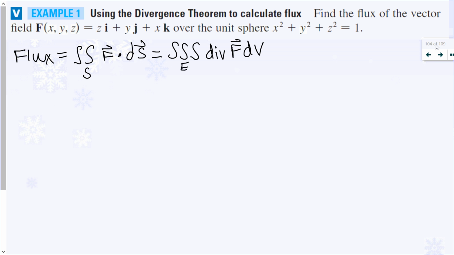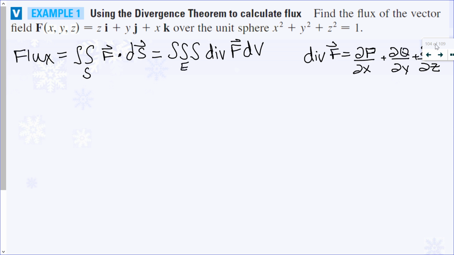It'll probably be good to start with the easy part, which is just finding the divergence of the vector field. Just a reminder, to calculate divergence, it's the partial of the vector-valued function P with respect to x, plus the partial of Q with respect to y, plus the partial of R with respect to z. That is the divergence formula.